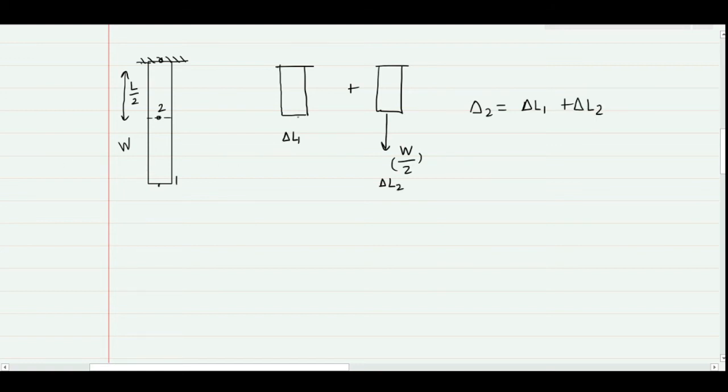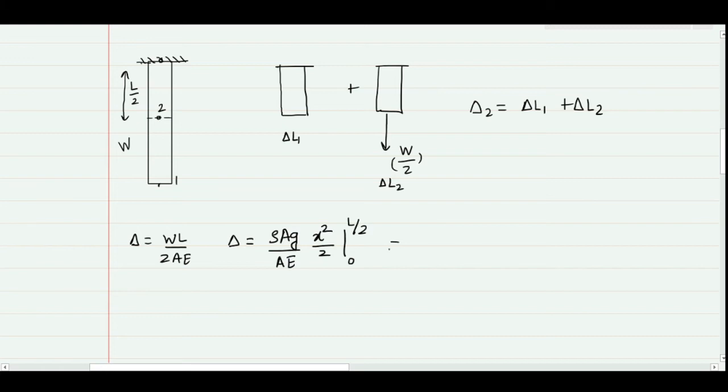For the self weight of this half length bar, for the full length bar I know that the deformation is WL by 2AE, or I have seen the formula that deformation will be rho A G x square by 2 divided by A and E. In this case, instead of putting the value L, I can put the value L by 2, which is my case here.